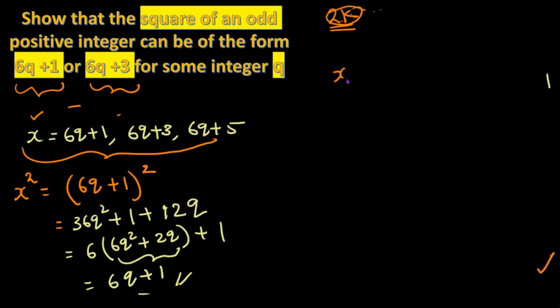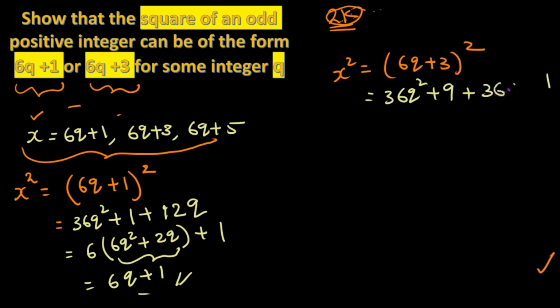Now we do x square for this 6q plus 3. 6q plus 3 square I am doing. So what happens? It is 36q square plus 9 plus 36q.